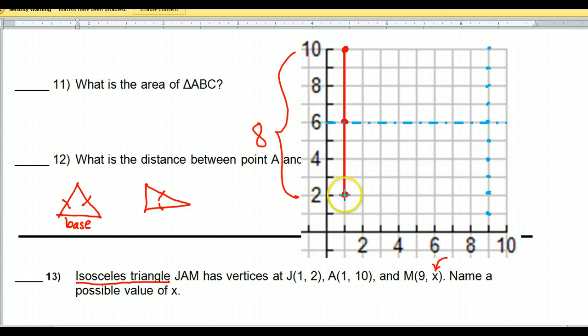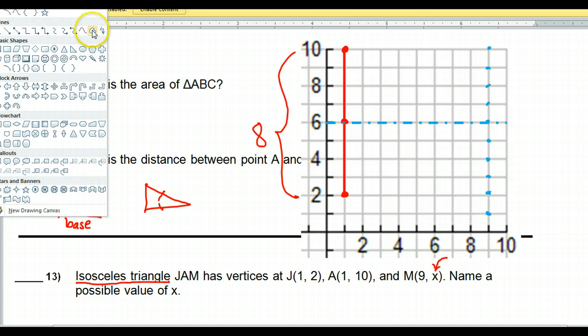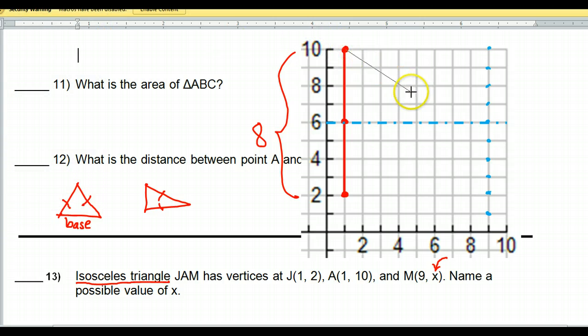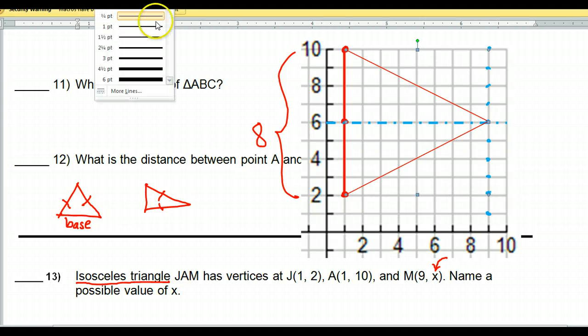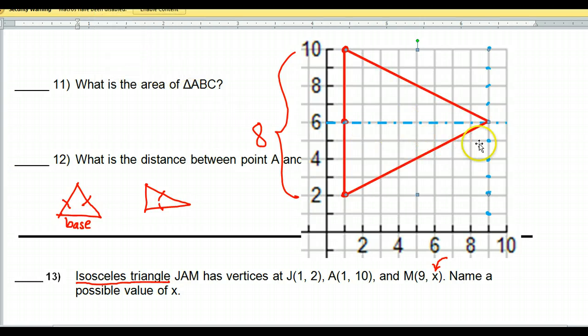But now we know the axis of symmetry. So we will pick the one that's right on the axis of symmetry. So this should be it. If we do it this way, now this vertex will be (9, 6).